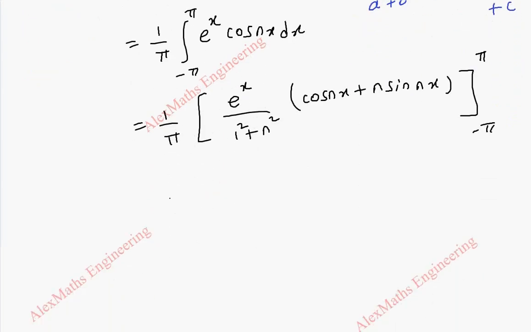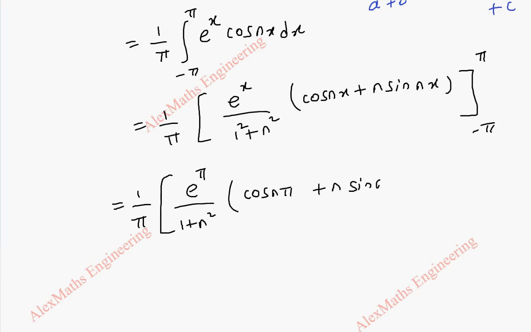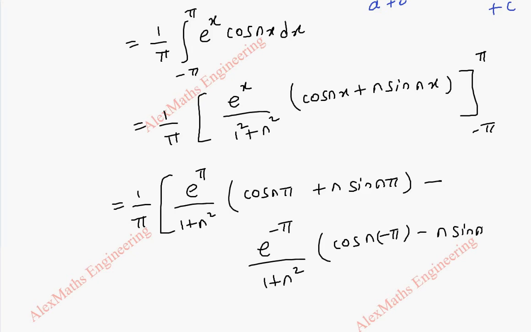When we substitute the upper limit, we get e power pi by 1 plus n square into cos n pi plus n sin n pi. Then minus, when you apply the lower limit, e power minus pi by 1 plus n square into cos n into minus pi minus n into sin n of minus pi.